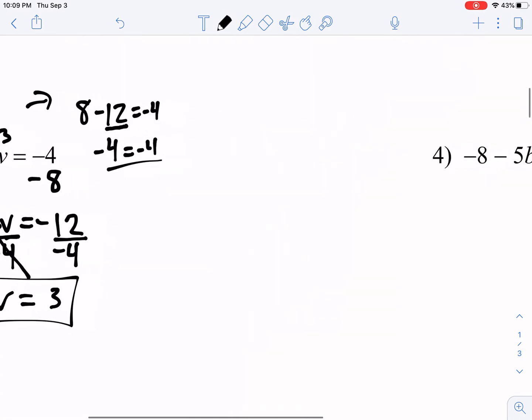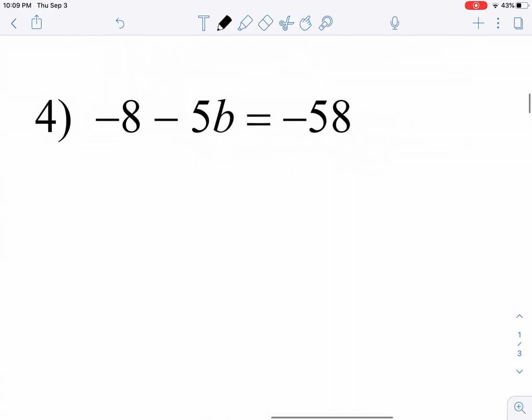Okay? Number 4. So again, one of the most common situations that you'll run into, we want to get the b by itself, so we're going to deal with the addition subtraction part first, the number furthest away from the variable on the same side of the equation. So notice we have a minus 8, so how do you get rid of a minus 8? You add, right? The opposite would be to add 8.